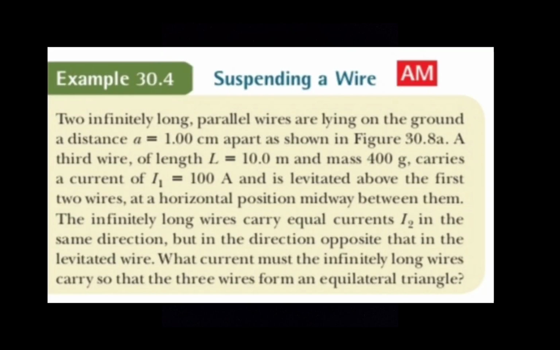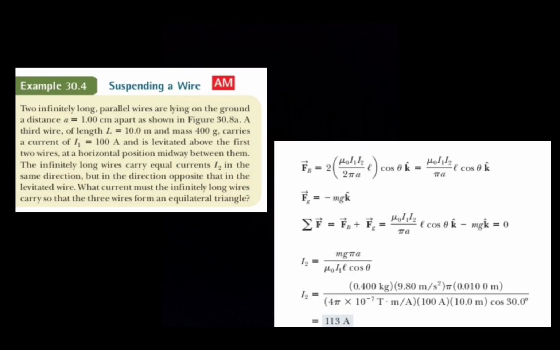So we have here example 30.4, suspending a wire. The magnetic force F sub B is equal to 2 times mu sub 0 I sub 1 I sub 2 over 2 pi a times L cos theta k, which is equal to mu sub 0 I sub 1 I sub 2 over pi a times L cos theta k. So find the gravitational force on the levitated wire. The gravitational force F sub G is equal to negative mg k hat.